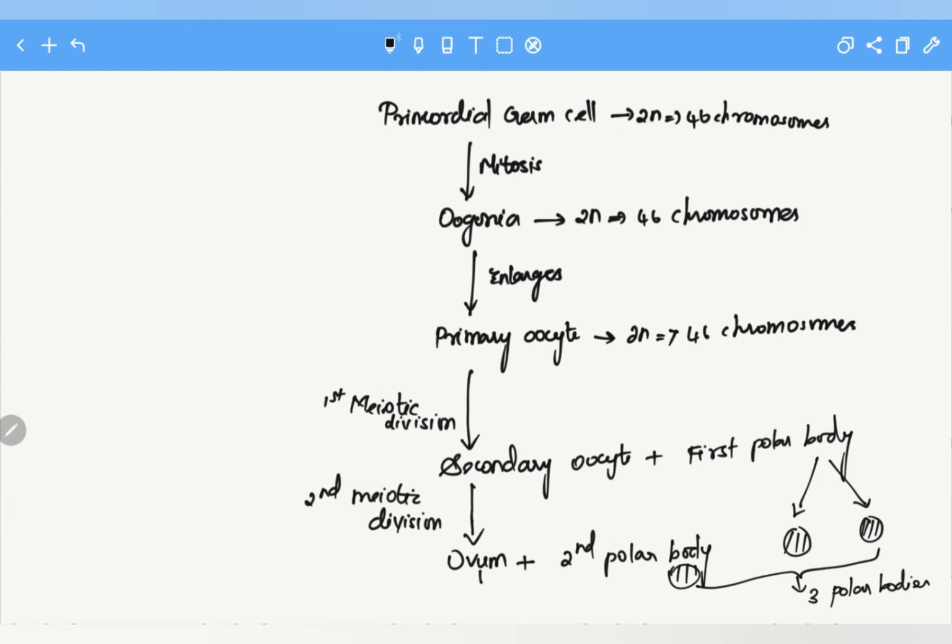And also we have to discuss the chromosome number. The secondary oocyte contains half the amount of chromosomes as that of the primary oocyte, since the primary oocyte has undergone a reduction division. It results in a reduced chromosome number in its daughter cell, that is the haploid number of chromosomes, 23 chromosomes.